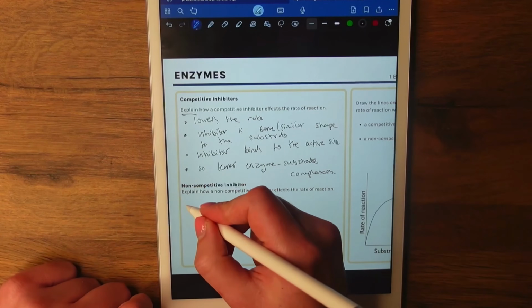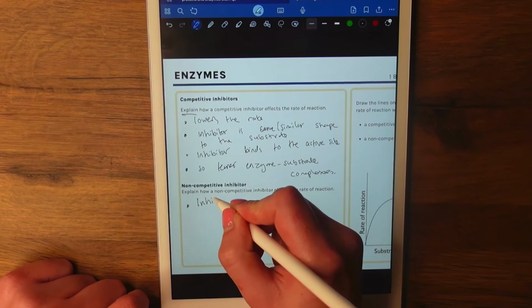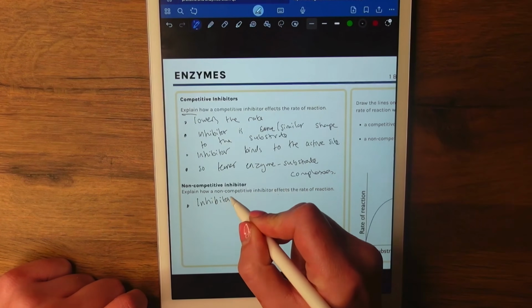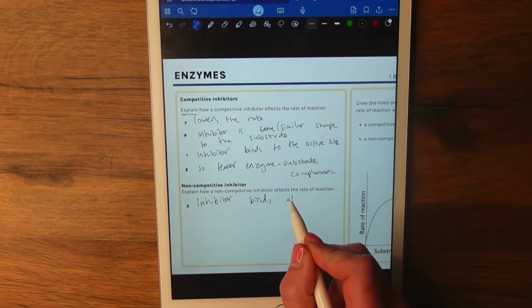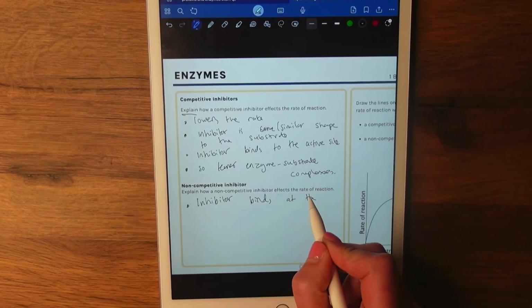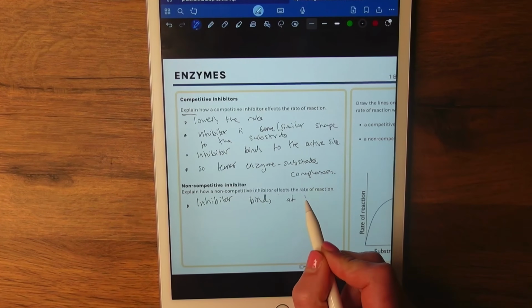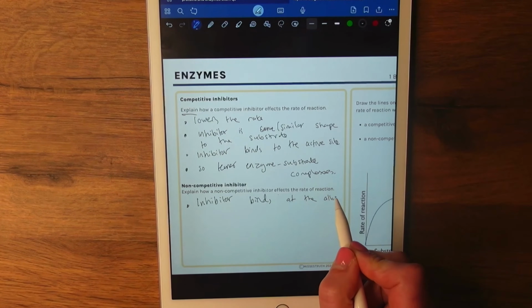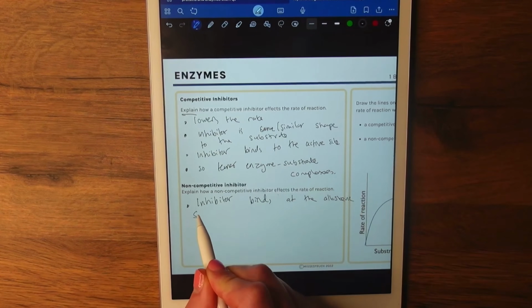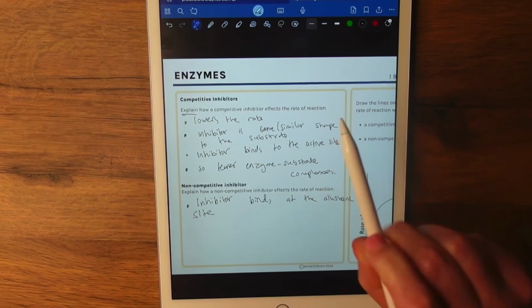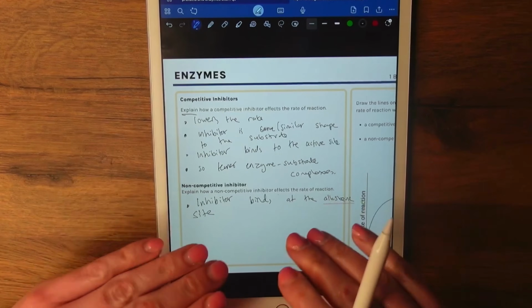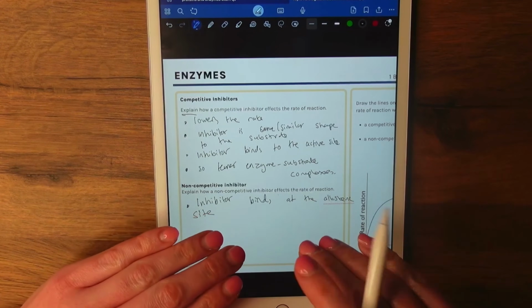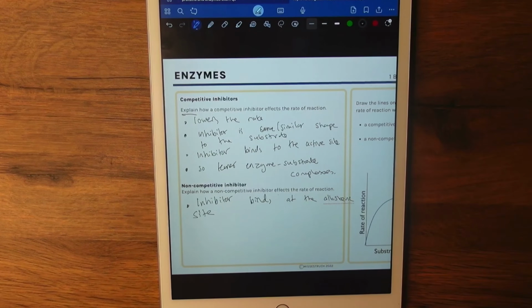The non-competitive inhibitor, so I'm going to say inhibitor binds at the allosteric site. Now, you don't have to use that term allosteric site. What that means is it's a place on the enzyme that isn't the active site.